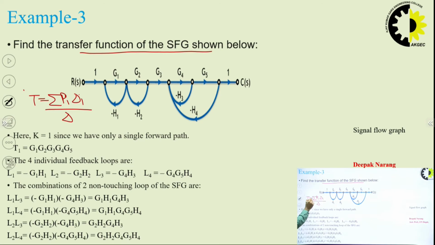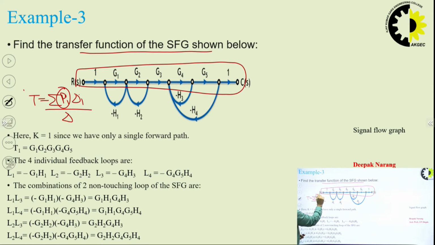So first of all, we will locate how many forward paths are there. We can easily see here there is only one forward path which is starting from input and terminating at the output side, and its path gain is G1, G2, G3, G4, G5.